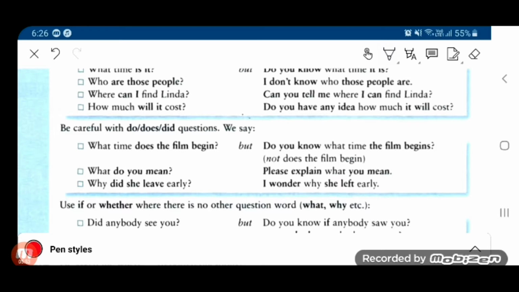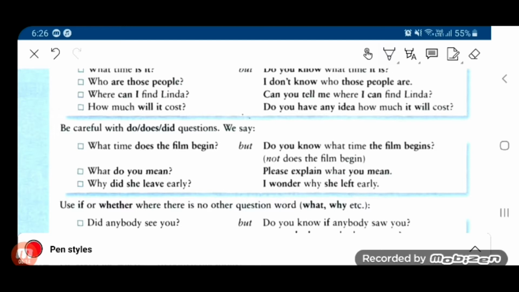Does is used for singular, do for plural, and did for past, both singular and plural. If we write in a simple format: what time does the film begin? That's a very simple sentence.